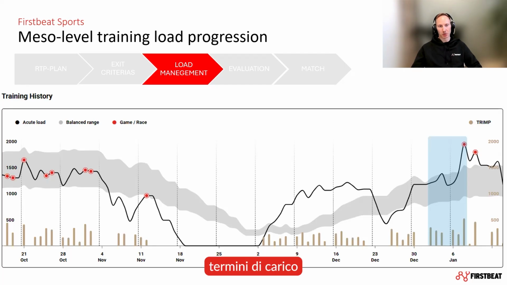here in the picture. So the black line is representing the acute load, the 7-day TRIMP sum, and then these golden bars are representing the TRIMP sum of individual days, and then we have the balanced range, which is the chronic load multiplied by 0.8 to 1.3 to give you an estimate of where the load should roughly be.